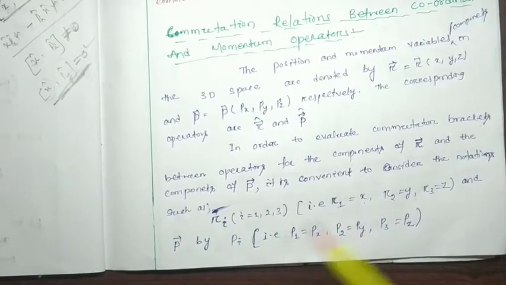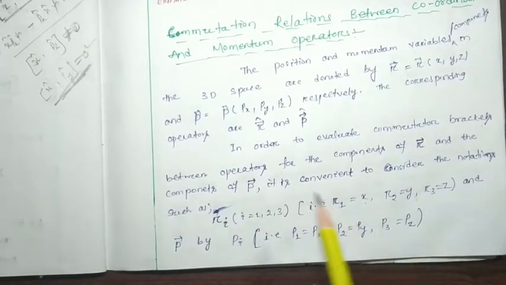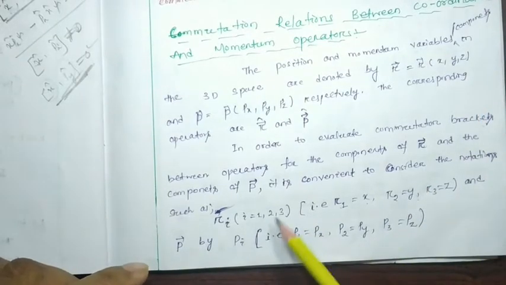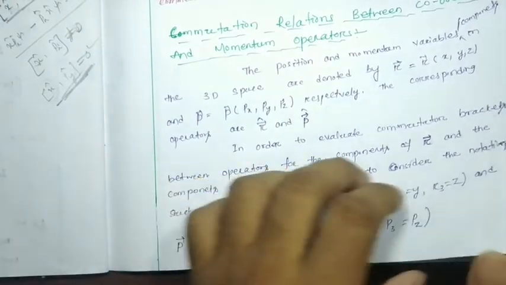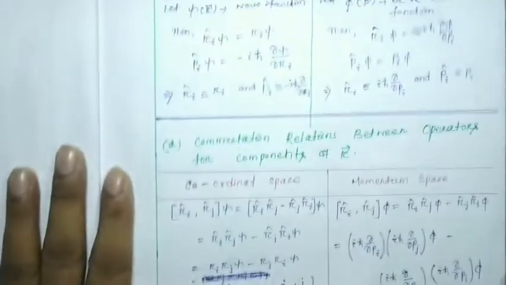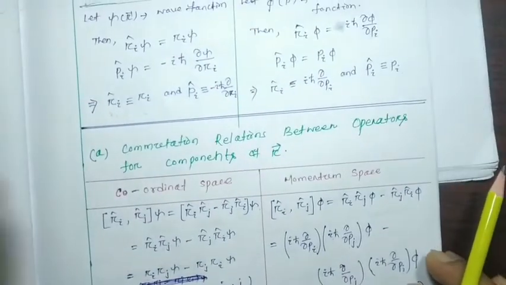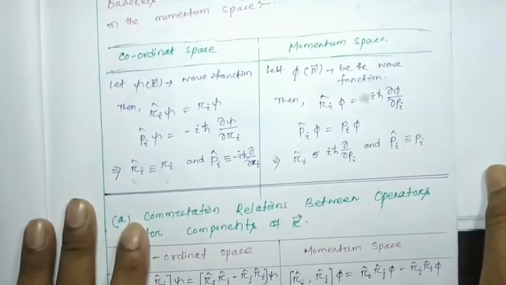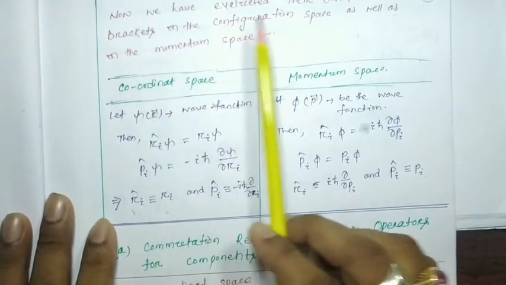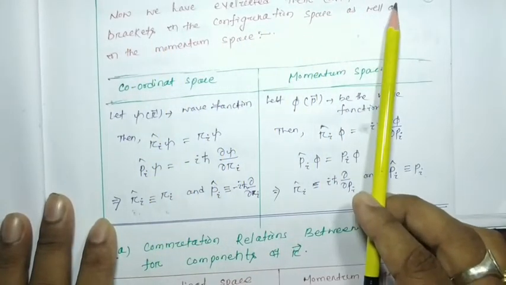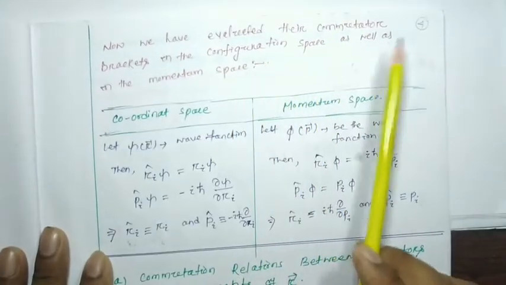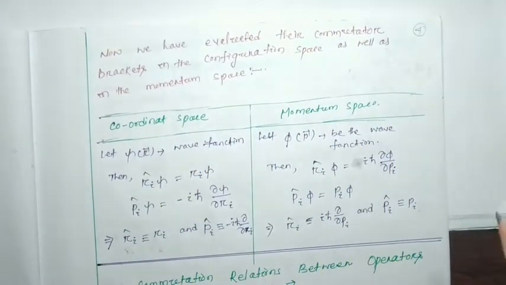These notations will be helpful to represent things in short. Now we are going to consider all the component commutators in both coordinate space and momentum space. We will evaluate their commutator brackets in the configuration space as well as in the momentum space.